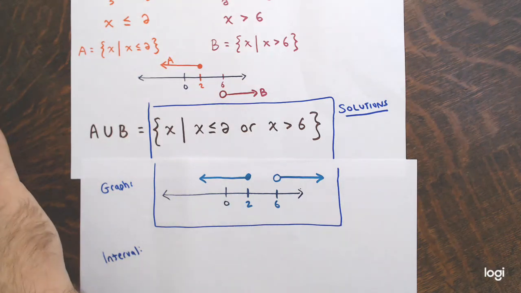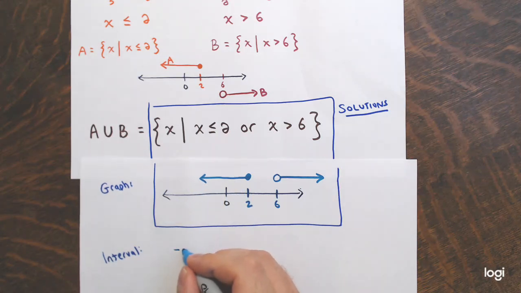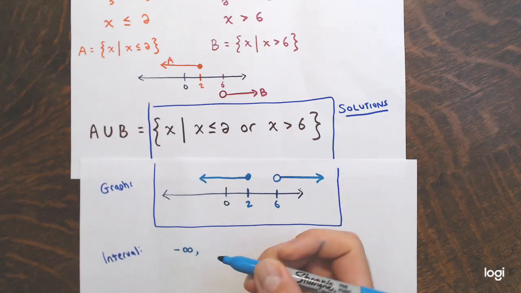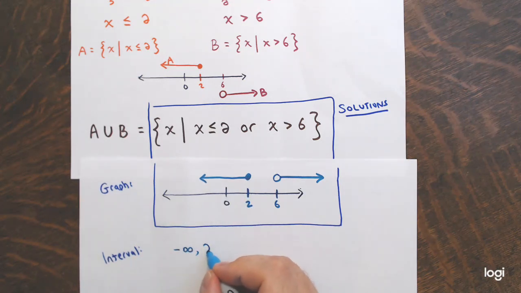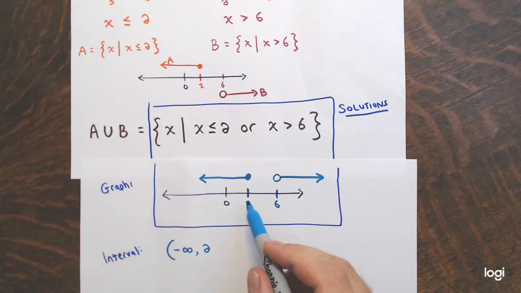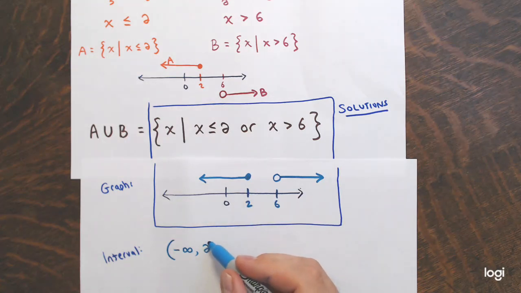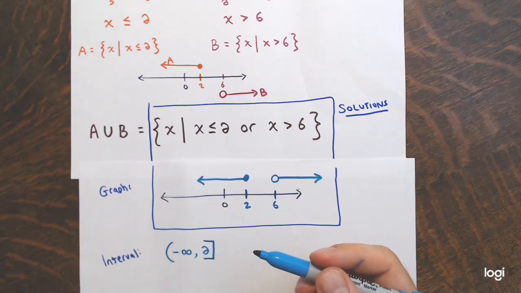For this first piece, there's no left end, which is symbolized by negative infinity, comma, and the right end of this first piece is the number 2. Negative infinity is not a number, so it doesn't belong to the set; you put a parenthesis on that. We said that 2 is a solution, so put the rectangular bracket around it.